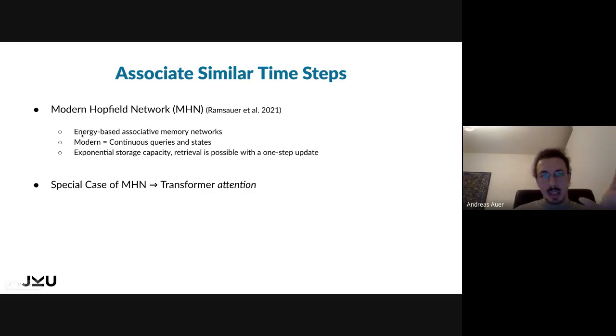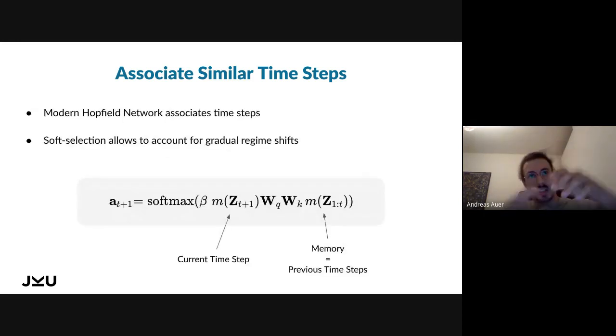And it turns out that if you use the modern Hopfield network with the energy function from Ramsauer et al.'s paper, and you specify certain parameters in a certain way, you actually arrive at transformer attention. So on the next slide, where I go into how this association works, you can also more or less think of transformer attention if that is easier.